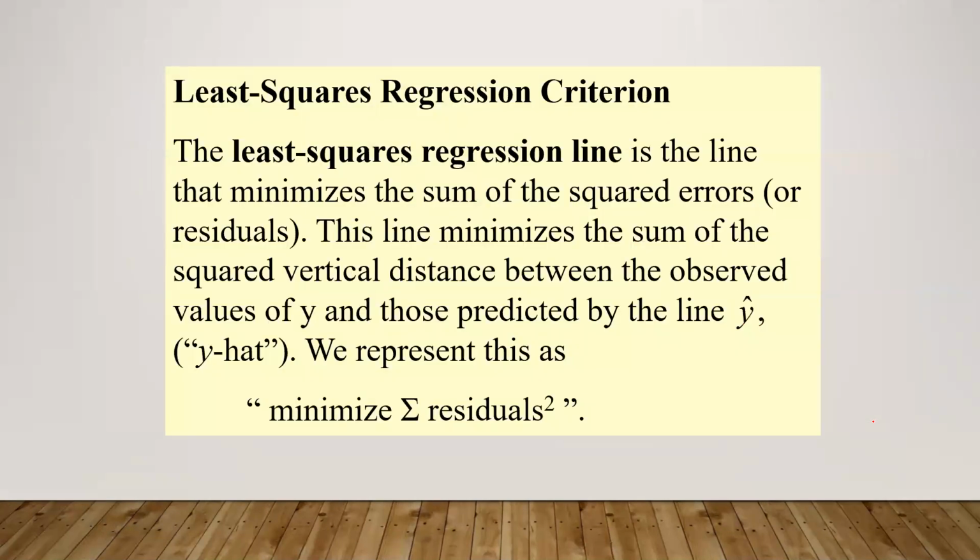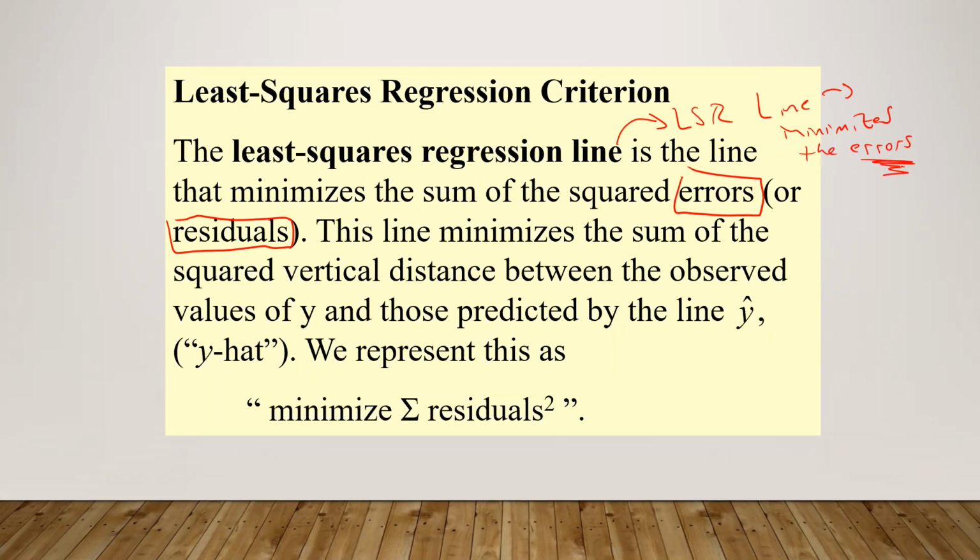So least squares regression is the line that minimizes the sum of the squared errors. So we have this concept now of errors or residuals. If you're going to take away one thing about what the heck a least squares regression line is, this is all you really have to remember: it minimizes the errors. I'm going to explain to you what the errors are in a second.